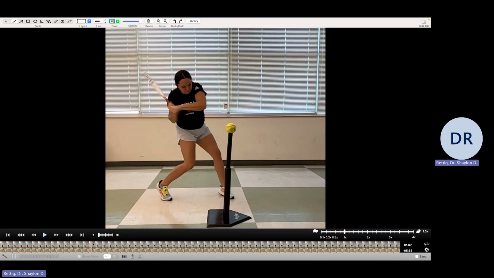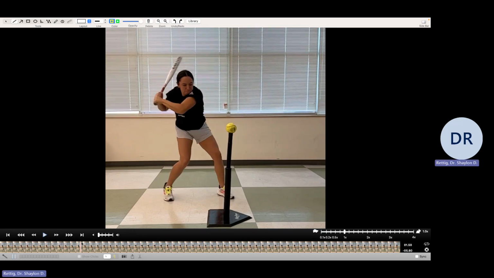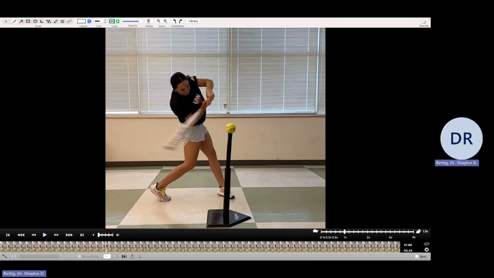I would say 1, 2, 3. Okay, I'm going to call it a gate swing. And so that elbow is just getting caught on that hip a little bit, and that can impact your overall sequencing as well as contact.